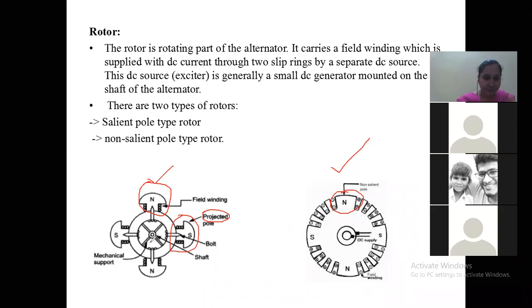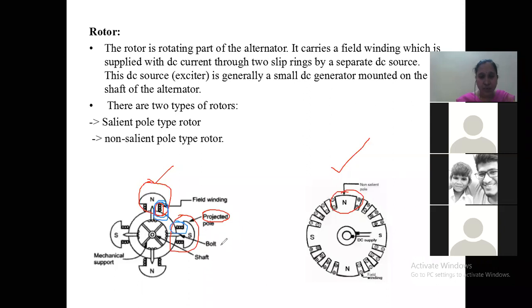Now these are the windings you can see here. I'll take a different color so that you can identify. These are nothing but the field windings. All these windings are wound around all the poles here.